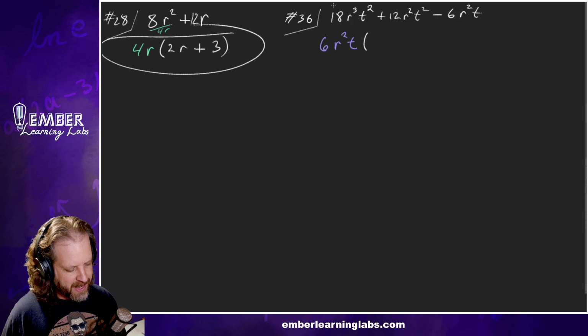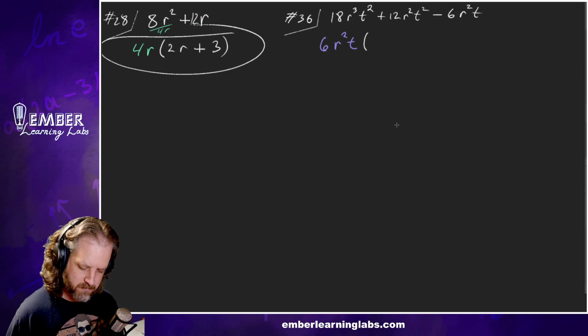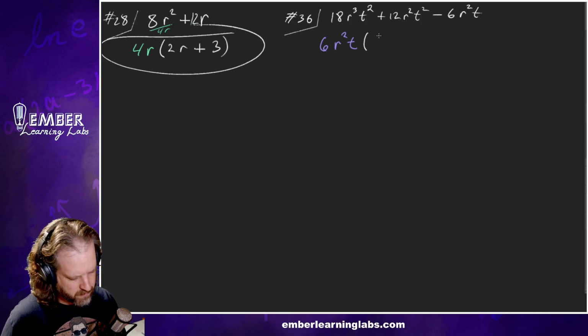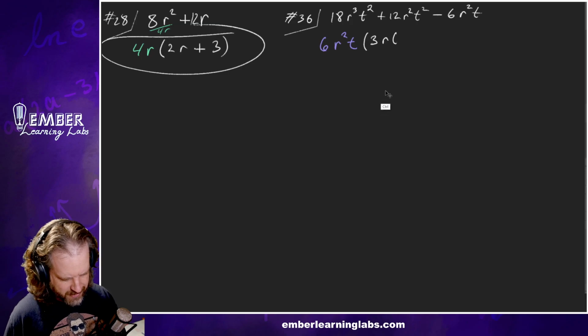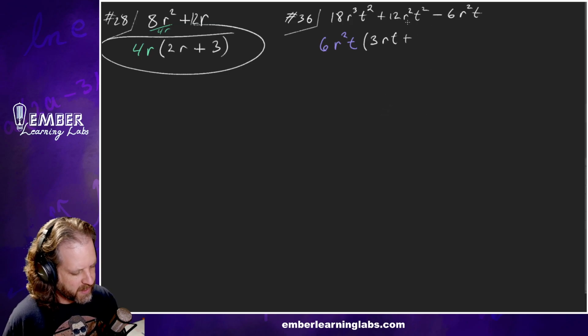So when we pull out an 18R squared T out of this first one, what's left? Three RT. That sounds completely accurate. What about this second one?